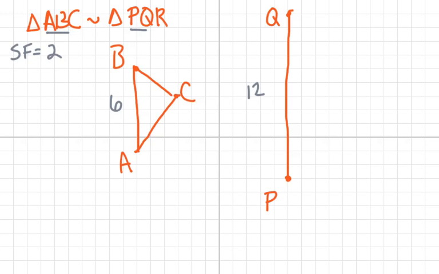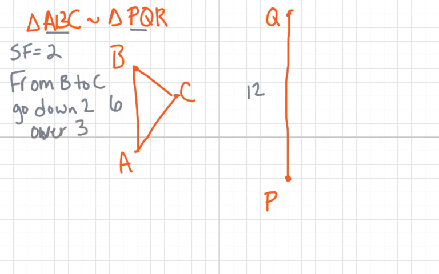So from B to C, I go down 2 and over 3. So since my scale factor is 2, I know everything has to be twice as big.